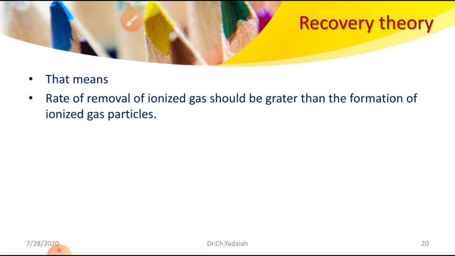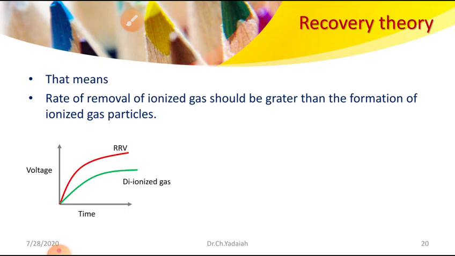replacement of deionized gas particles. If deionized gas particles come very fast compared to the ionization process, then the arc will quench. You can see here this is one diagram.